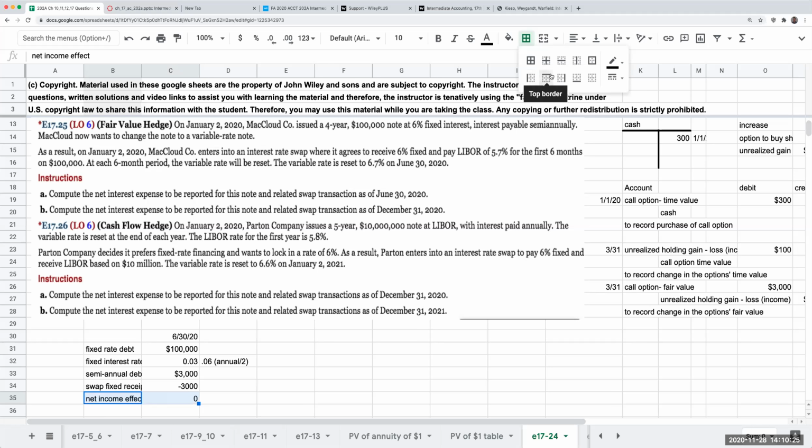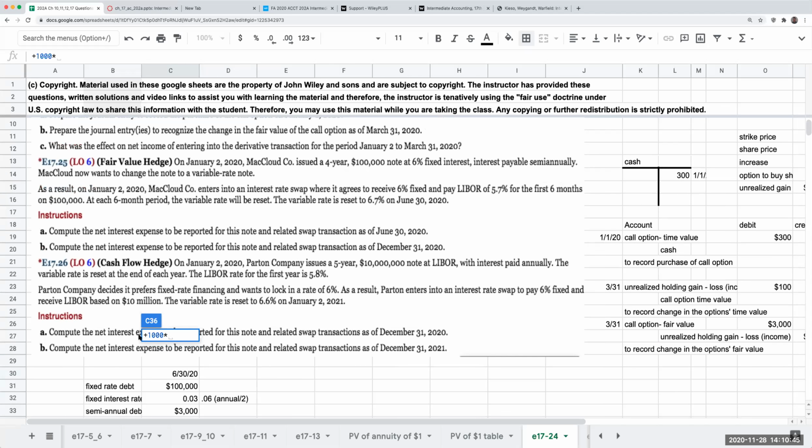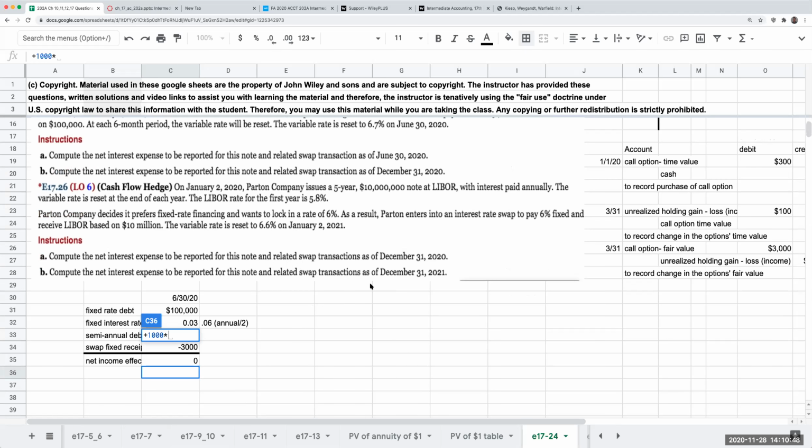Now, what I did do is my variable rate swap, meaning that I took 100,000 times, and I'm hedging this here, so I'm multiplying this by, it was basically set at 5.7%. So it's 100,000 times 5.7% times 0.5, or 2850.